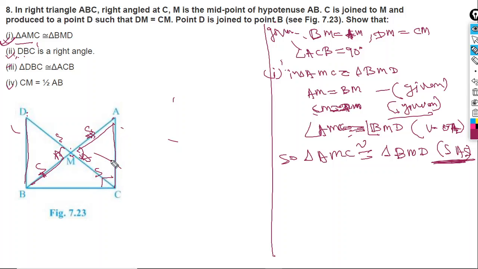Angle ACB plus angle DBC will be 180 degrees, because they are parallel. So we can write angle B equals angle C, and angle C is 90 degrees. So angle B will be equal to 90 degrees. In this way we can prove it.